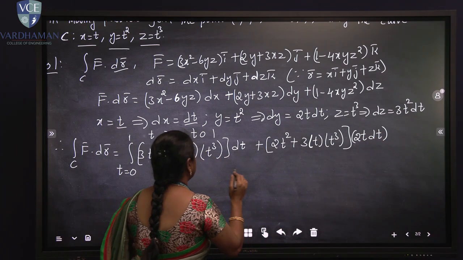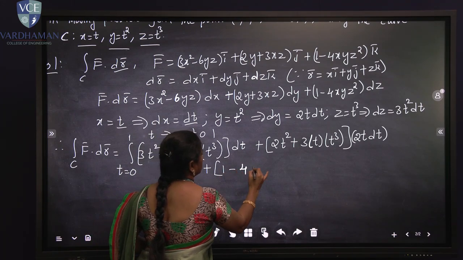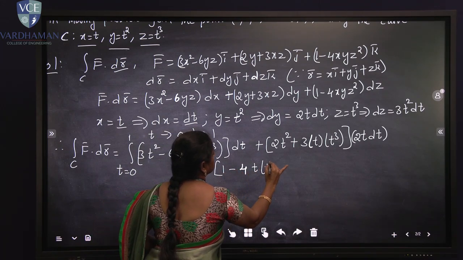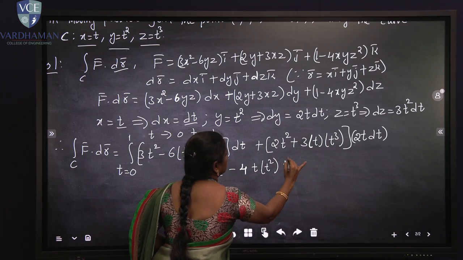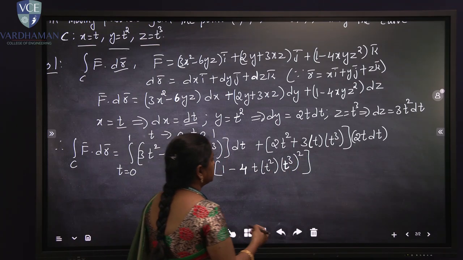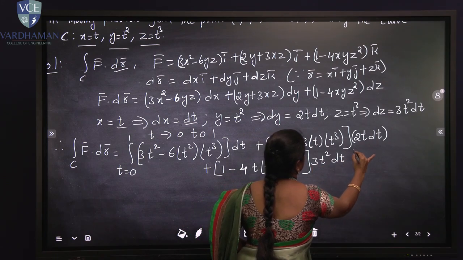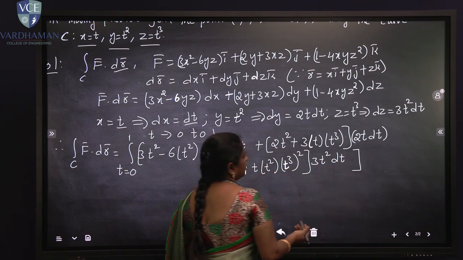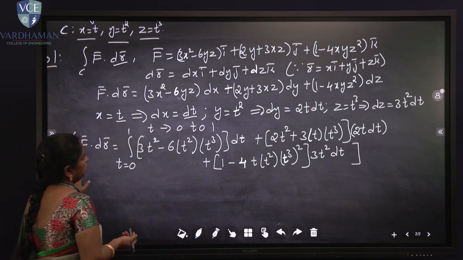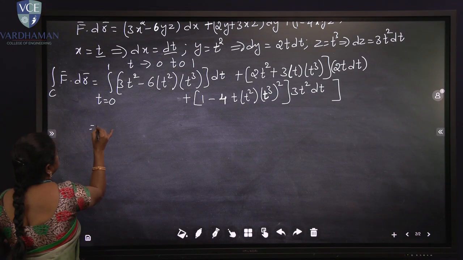Next the last one, plus 1 minus 4x is t, y is t square, z is t cube, whole square, into dz, dz is 3t square dt.